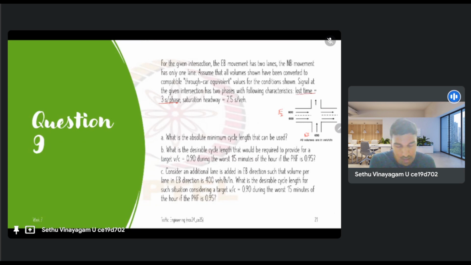Okay, and N is your number of phases. So number of phases is 2. Okay, so this is here N, right? So TL is this. So this is saturation headway is small s, sorry, small h.